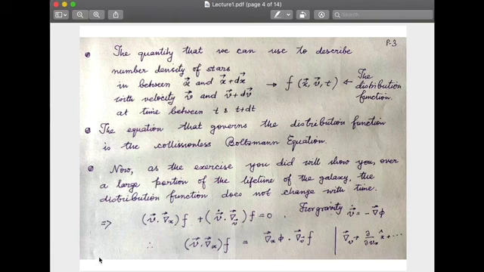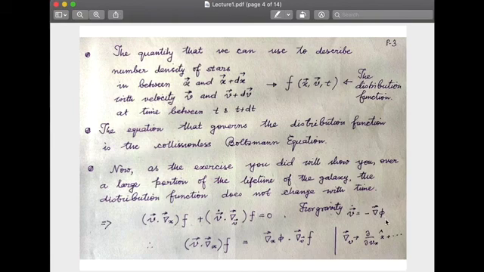Now each star, though it doesn't collide with the other stars, there are say 10 to the 11 stars in a galaxy. Each of them feels the potential of all the other 10 to the 11 stars. So all the 10 to the 11 stars in a galaxy kind of create a mean field potential, which I will call phi. And each individual star sees that potential.